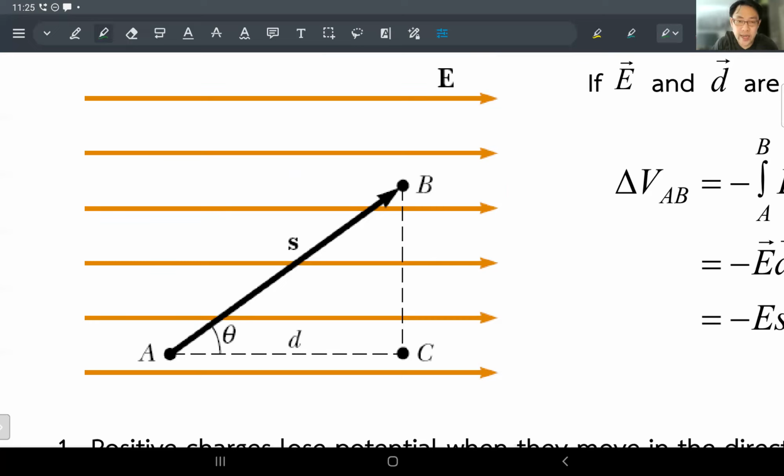If the electric field is pointing from left to right, I have 3 points for you to analyze. You have point A on the left, point B up here, point C down here. Find me the potential difference between A and B, if A and B are separated by that displacement vector S. Go ahead.